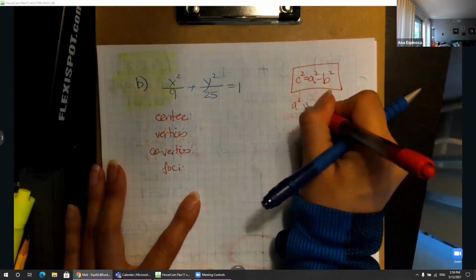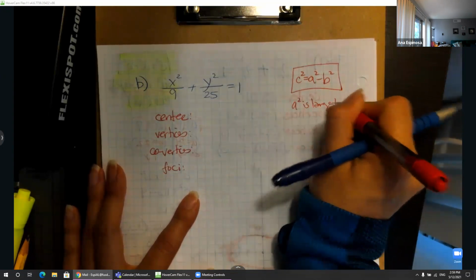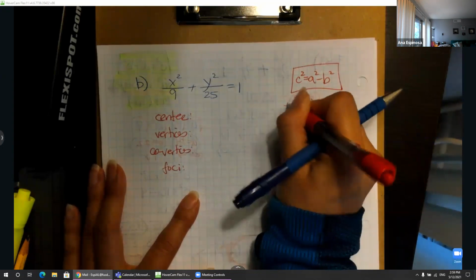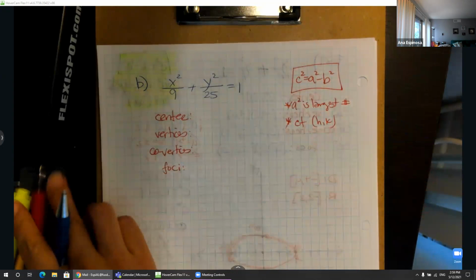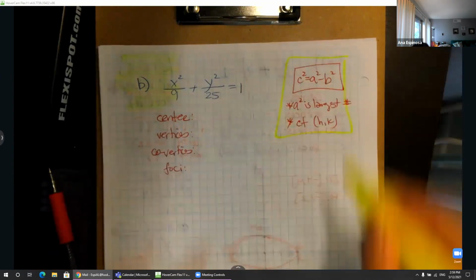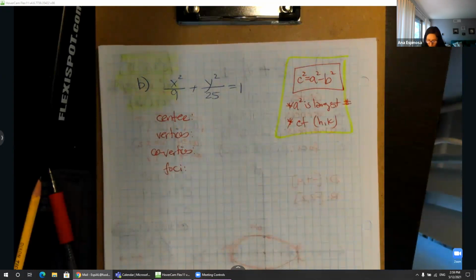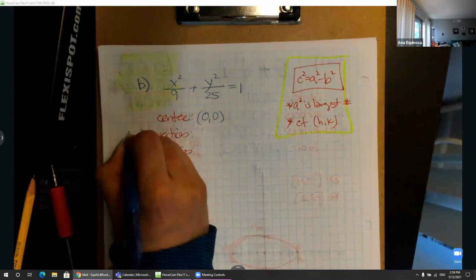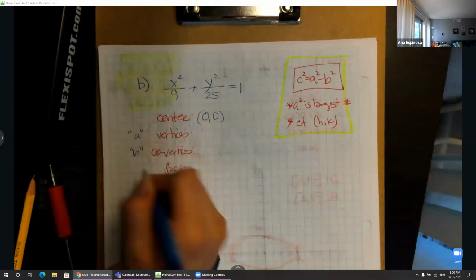A squared is the largest, and center is H, K, which again, I will put at 0, 0. Here we go. Center, 0, 0. A, B, C's.